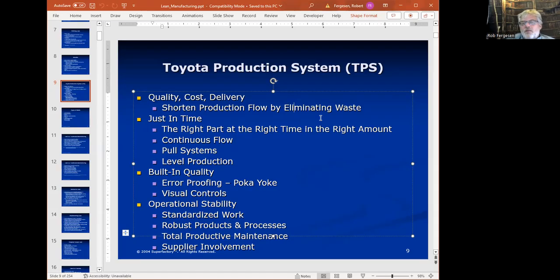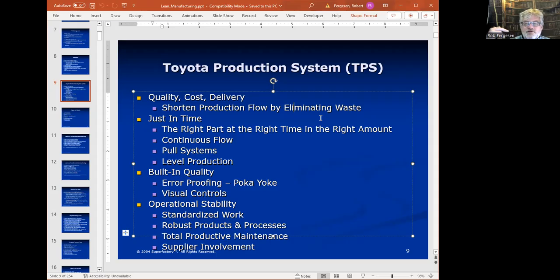One might argue they may or may not have made a big difference, but in the end, Toyota, the company, came up with a manufacturing approach called the Toyota Production System that used a lot of these elements of lean and used them very successfully in the 60s and 70s.